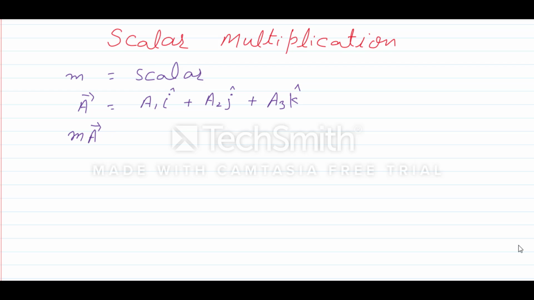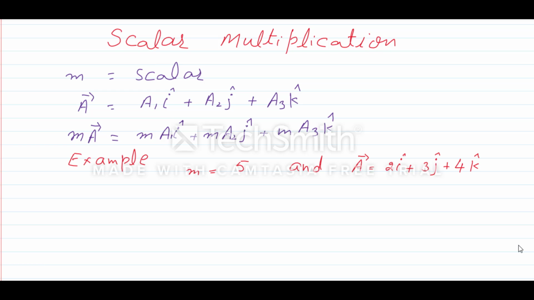Finally we will get mA is equal to ma1 i unit vector plus ma2 j unit vector plus ma3 k unit vector.